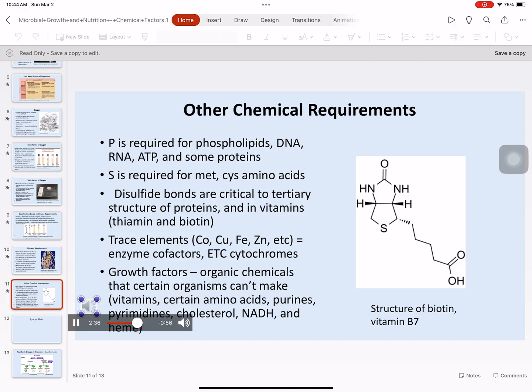Some organisms require the purines and pyrimidines needed for the nucleic acid bases for DNA and RNA, but can't make them. Some organisms require cholesterol, but can't make it. Others require NAD, NADH, can't make it, and or heme that they can't make.